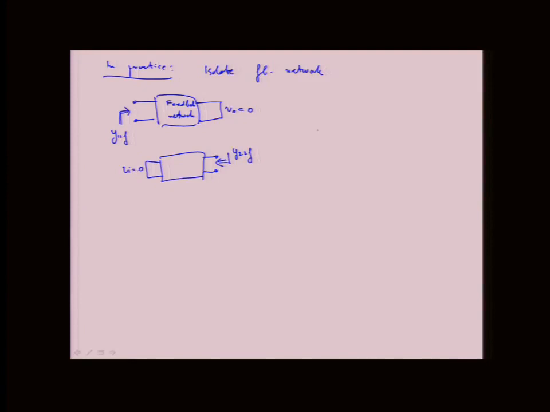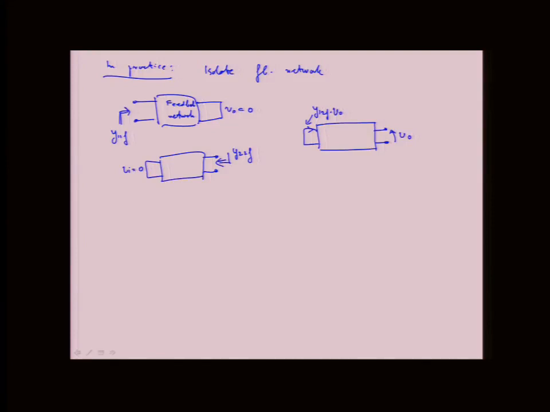And then I can also find, if I apply the voltage V out here, then this current over here will be Y12 feedback times VO. So I can find my F as Y12. In this case, I'm not doing the Y21F because I'm assuming that's negligible.